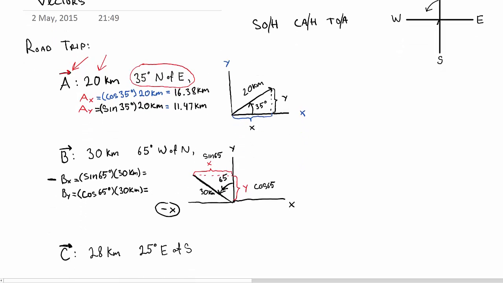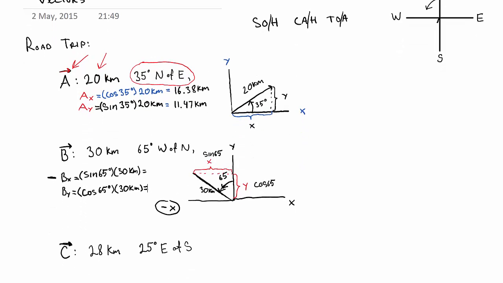So let's do our math. Alright. This turns out to be negative 27.18 kilometers, and this one 12.67 kilometers.